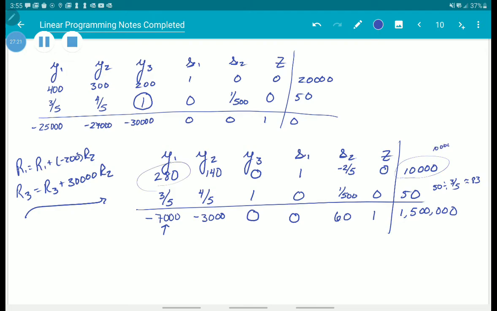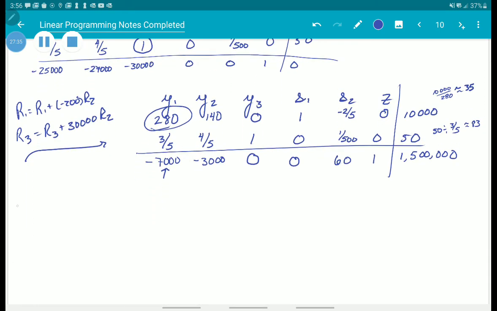So 10,000 divided by 280 is about 35. 35 is the smallest. This is where I'm pivoting. So I'm going to take row 1 and multiply it by 1 over 280 times row 1.